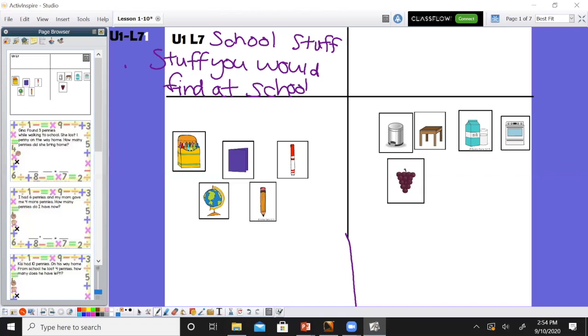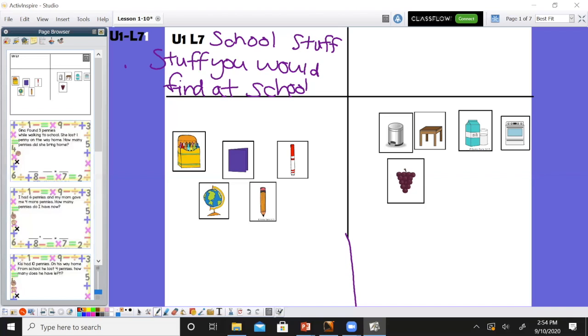Mm-hmm. Is that what you were going to say, Tristan, or did you have another idea? Mm-hmm. Yeah, so again, things we found at school.